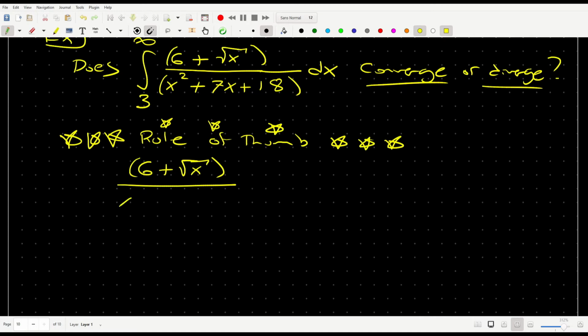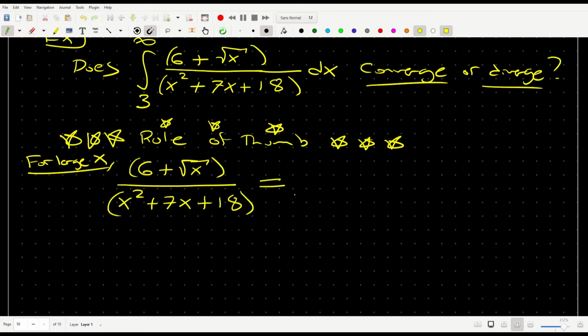What you want to note is that for large values of x, the numerator here is dominated by the function square root of x. This is growing much faster than the constant function 6.